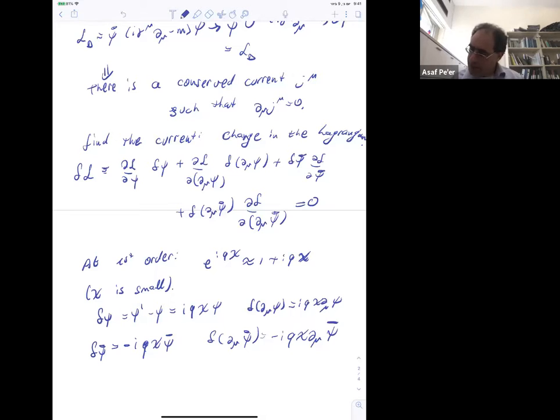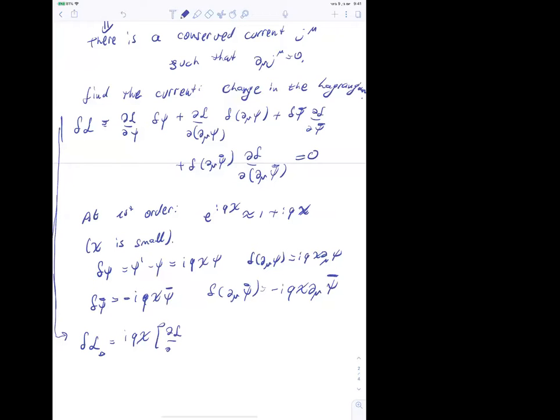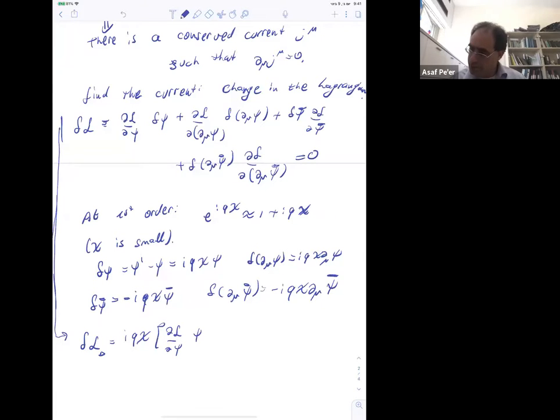So take this result and use it in the change in the Lagrangian here. And we have that the change in the Lagrangian, if you want, we can write as i q chi, and then we have dL over d psi times psi, that's the first term.